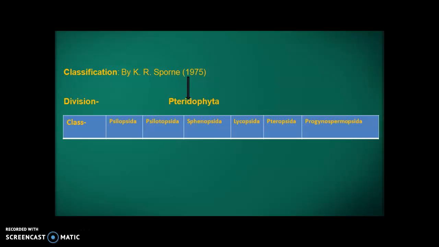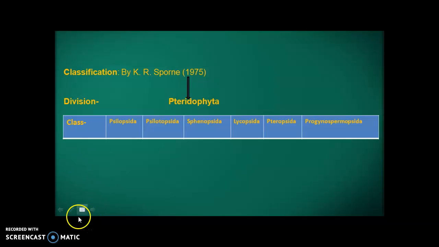From these 6 classes, the Psilophytopsida and Progymnospermopsida do not show any living pteridophyte at present. All the plants belonging to these 2 classes are fossilized or extinct. Only the remaining 4 classes show living genera at present. At present, this group is a small group and it is shrinking.